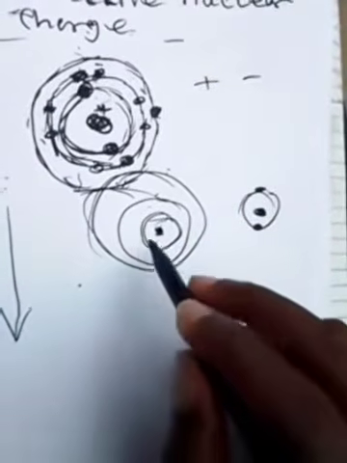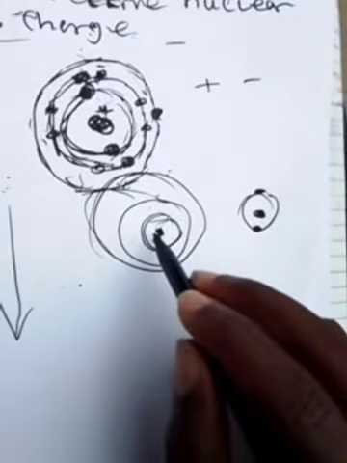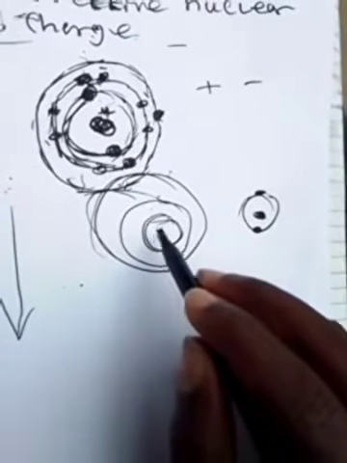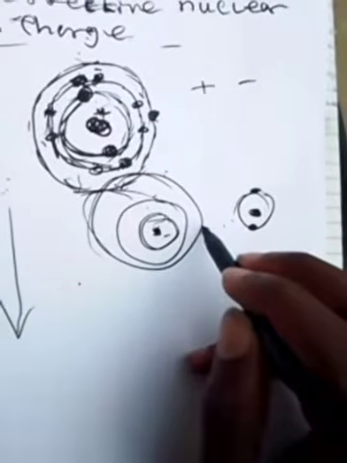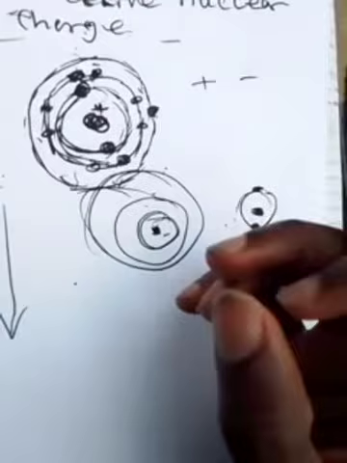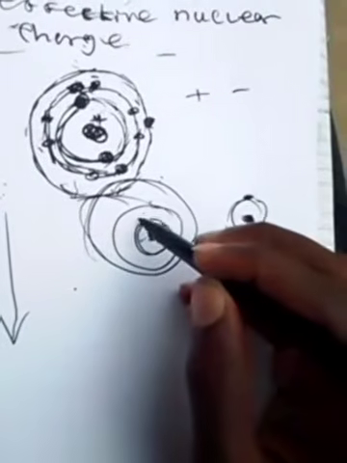Which one do you think will have a very large ability to attract more? Both of these have this force of attraction to attract the electrons to themselves.